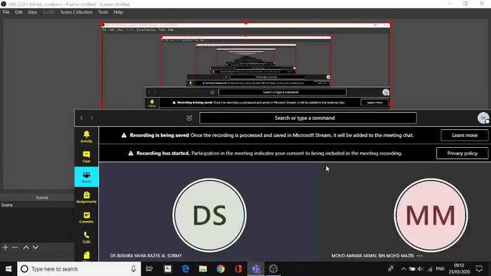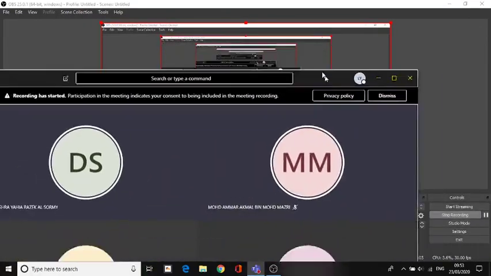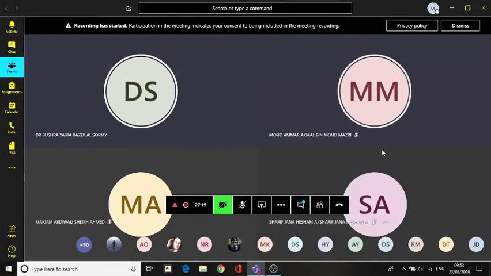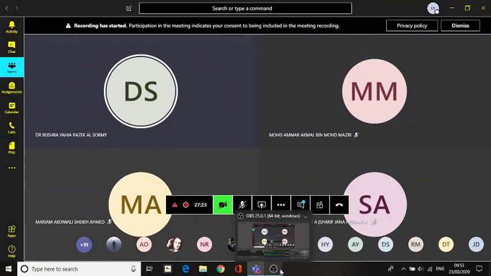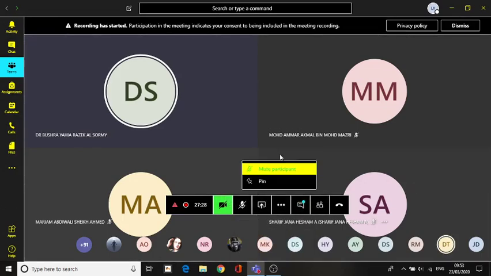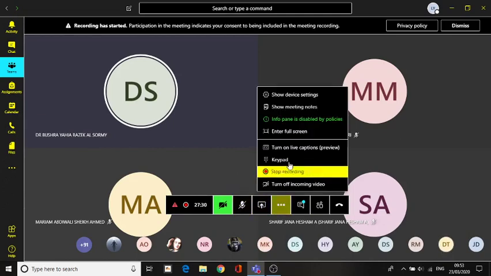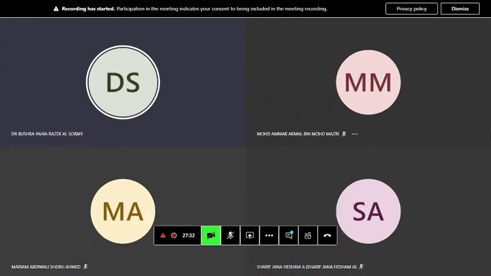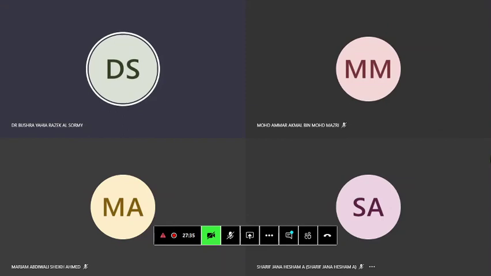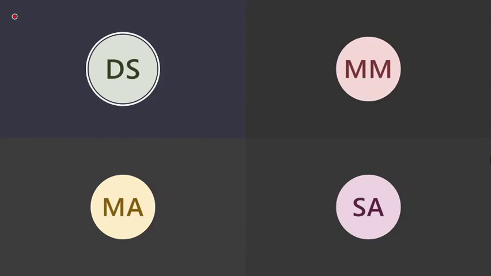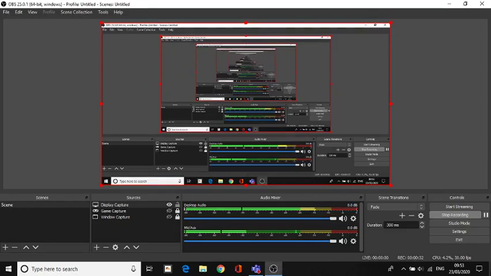The slide is not on the screen. Oh, it's not on the screen. What happened? Wait. Where is share? Share. Is it on the screen? No, not yet.